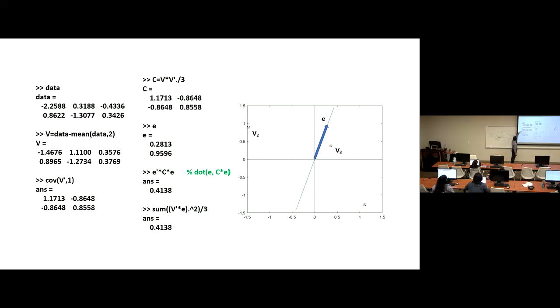So here is the data, and here I normalize the data to make it centralized, and then you have an E over there.